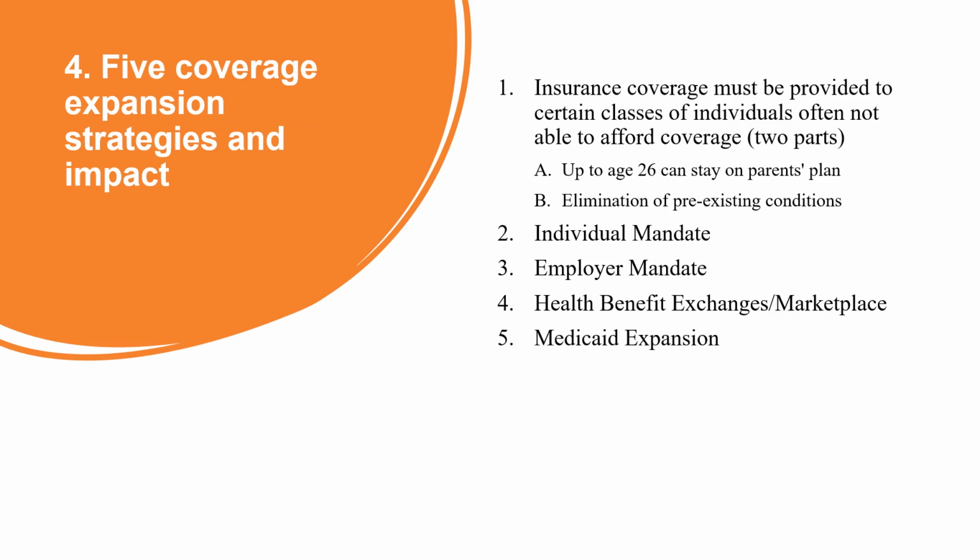So moving on, what was included in phase one of the ACA? Well, there were 5 things, and it's really good for you to know each of these. The first, which really had 2 components, was that insurance coverage must be provided to certain classes of individuals who are often not able to afford coverage. One of those was that individuals up to the age of 26 can stay on their parents' health insurance plan, if their parents will let them do so.